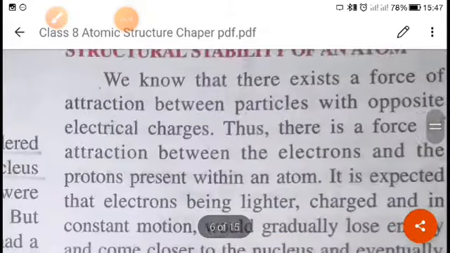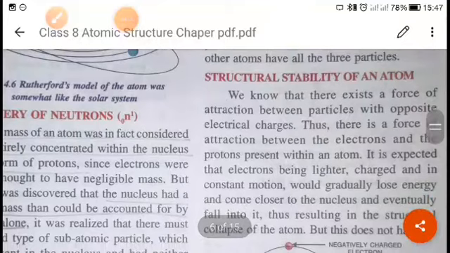Now, from the Rutherford concept, we know that there exists a force of attraction between particles with opposite electric charge. Thus there is a force of attraction between the electron and the proton present within an atom.